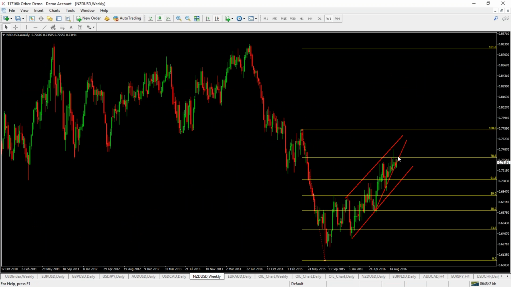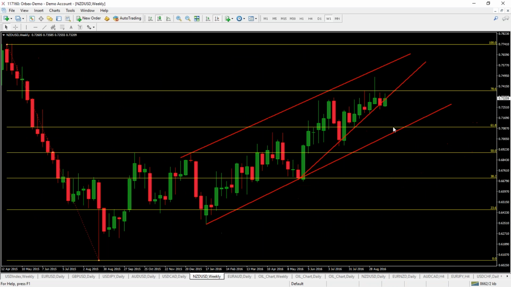So this is a really nice corrective setup here, and this pattern suggests exhaustion of momentum within this corrective move and the scope for a rundown in the short term to at least test this bullish channel support. So if we do get dollar bullishness tonight on the back of a hawkish FOMC, then I will be looking to trade to the downside here in the Kiwi, targeting a move back down into this bullish channel support in medium term.